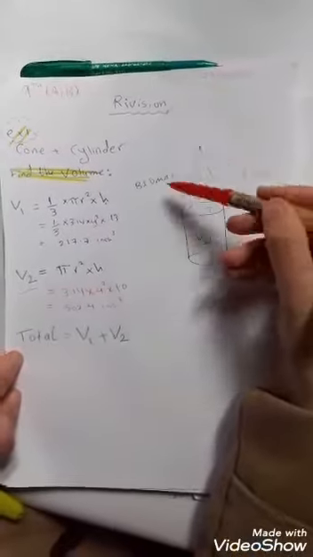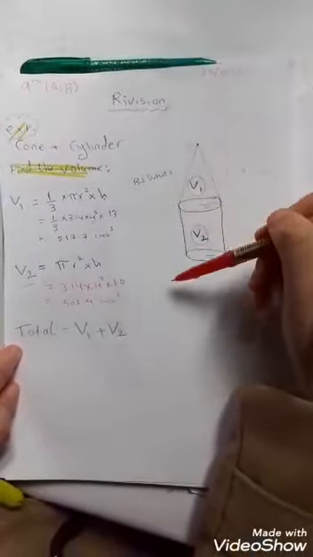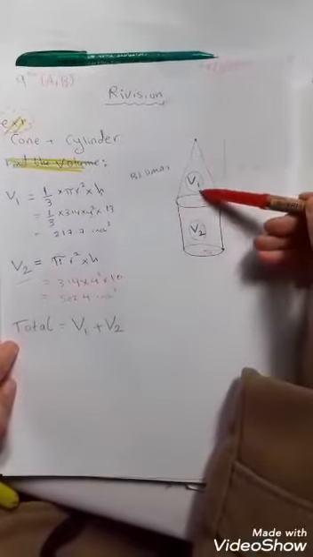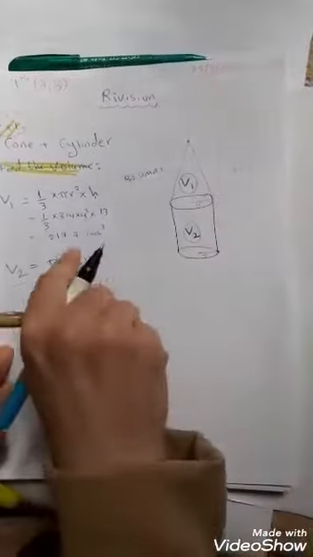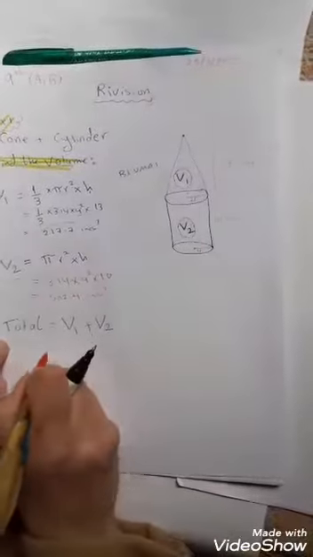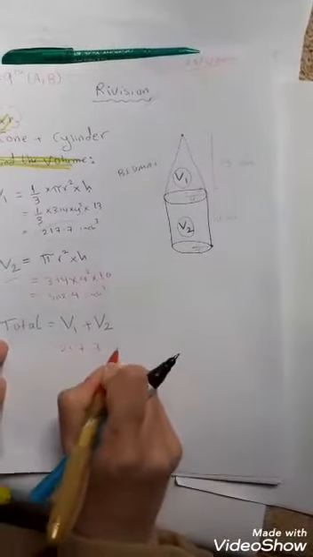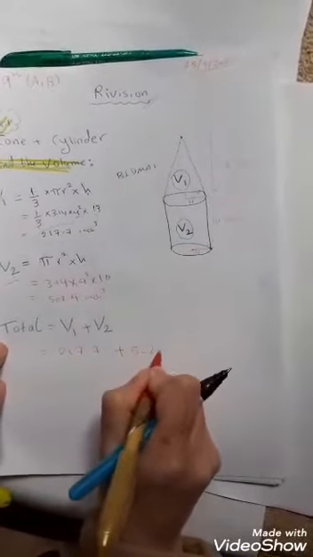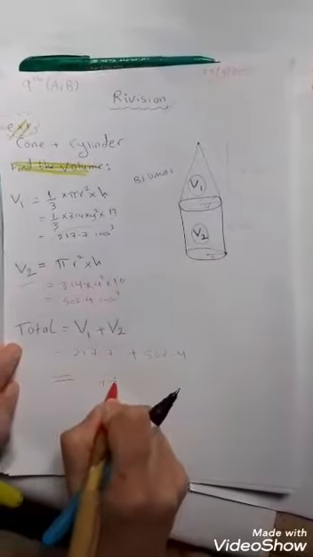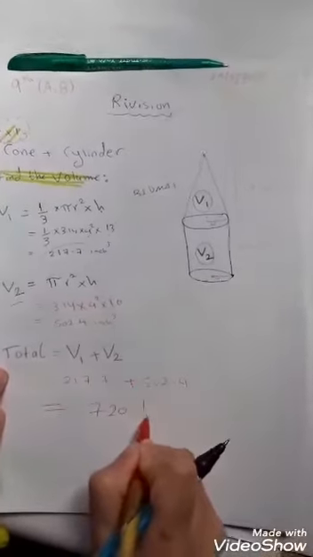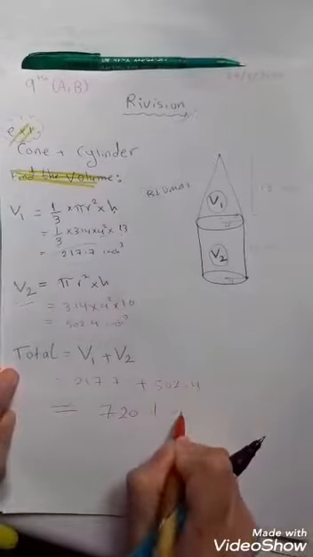Now the volume of the whole 3D shape is V1 plus V2, which is 217.7 plus 502.4, which will be 720.1 inches cubed.